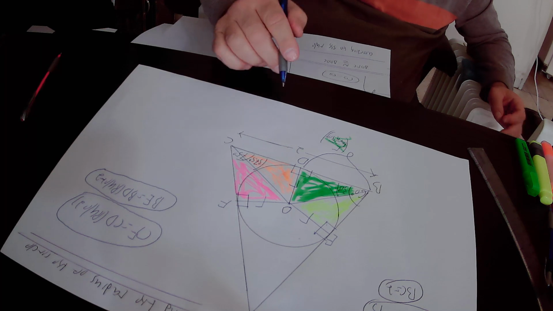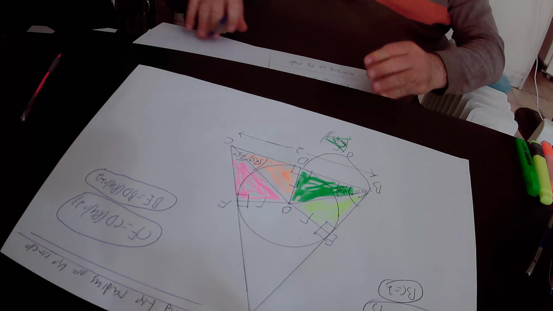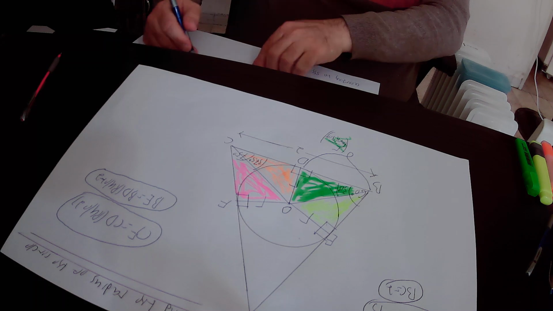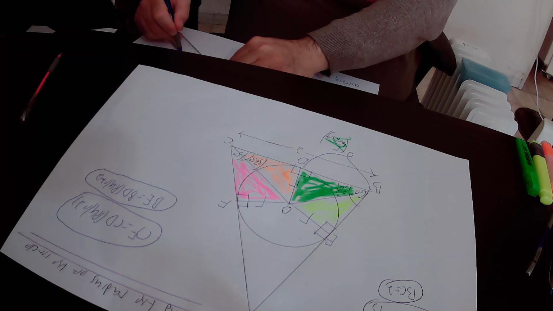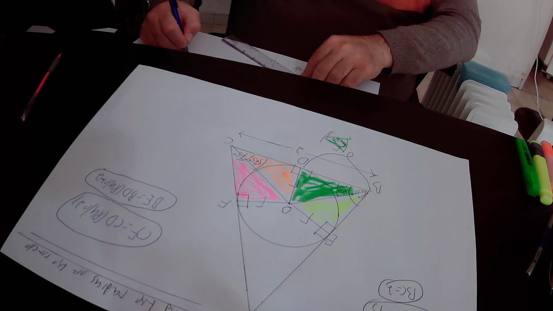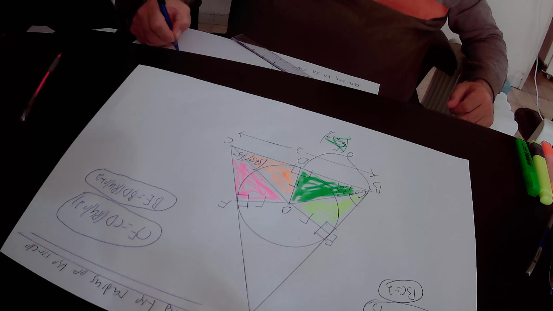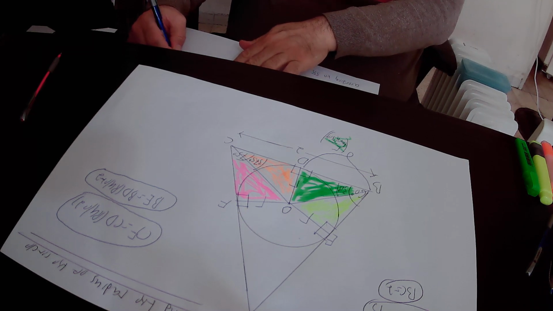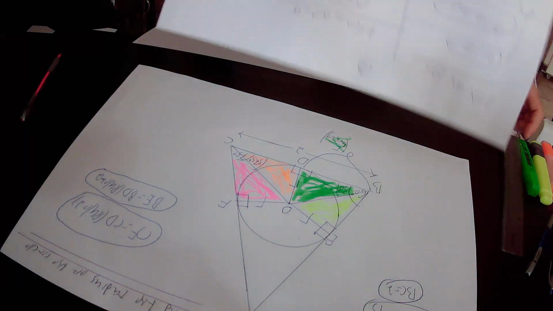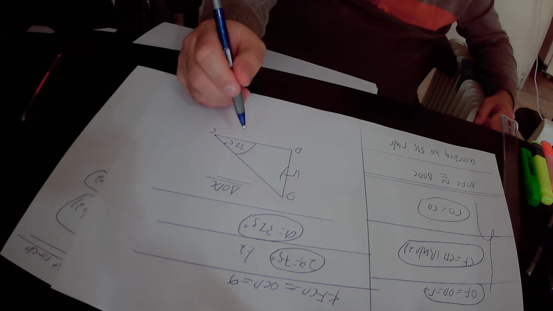In the next step I will copy the orange triangle ODC onto a new page and we will analyze it. So this is the orange triangle ODC that I copied from the original drawing.